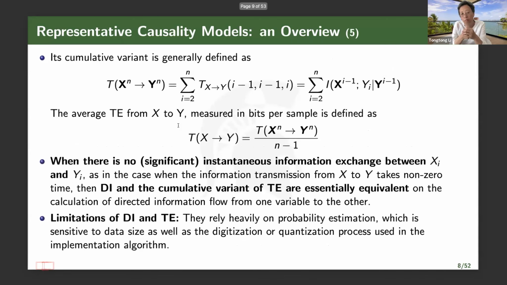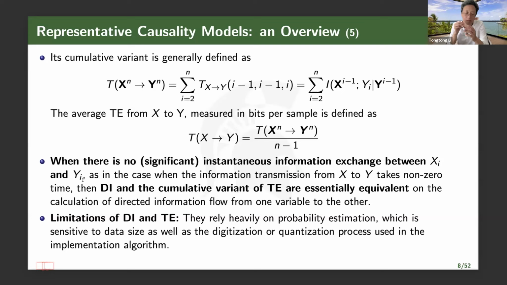So these two information theory-based causality models are largely equivalent under a condition: when there is no instantaneous information exchange between the current value of X and Y. Basically, Y of t, the current value of Y, will be influenced by the previous values of X, not the current value.